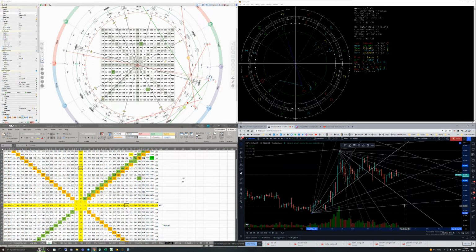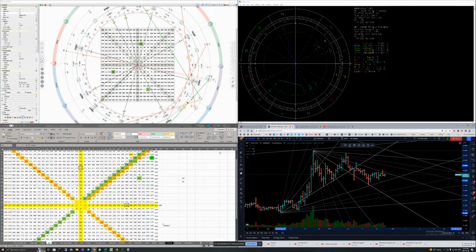Now, we've got a pennant forming here, or a flag, and that would be from here. It looks like it's more like so. It looks like we're going to respect this line here. And I mean, we can do the pennant like that.